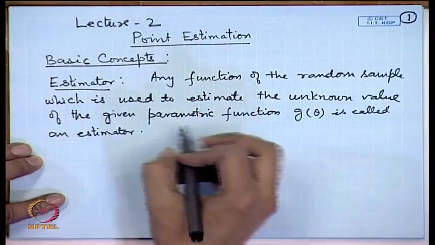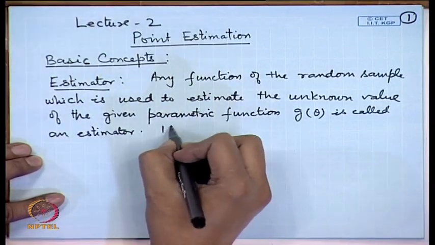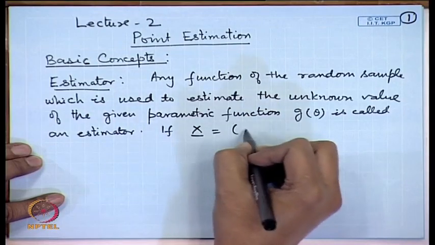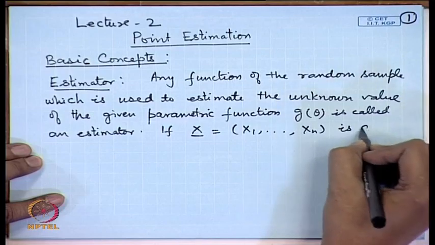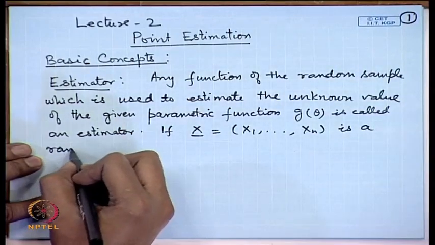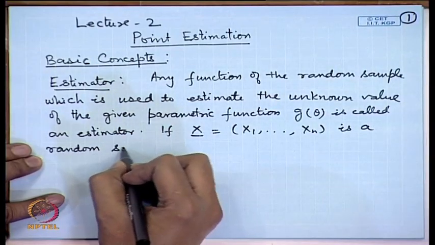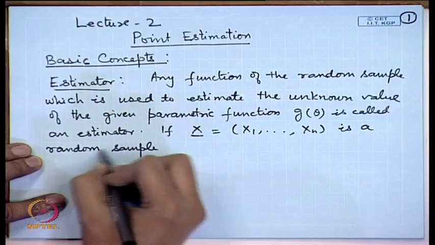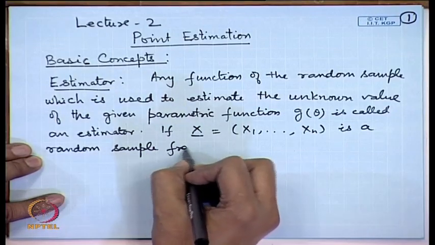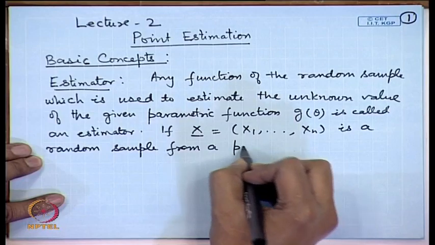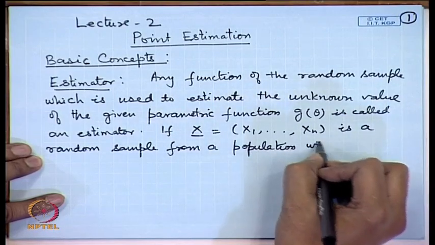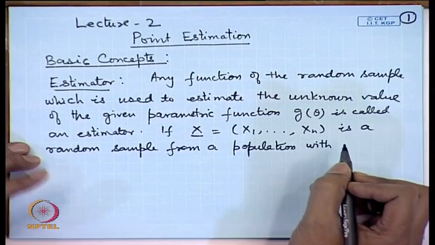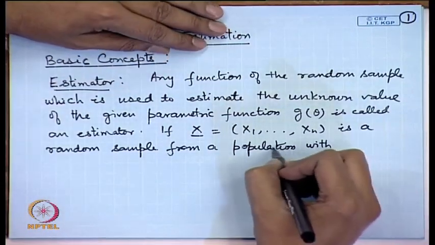So, in practice we will have a random sample. So, if x 1, x 2, x n is a random sample from a population. Now, a probability distribution is identified with the given population.